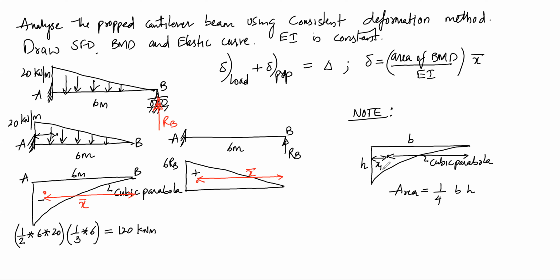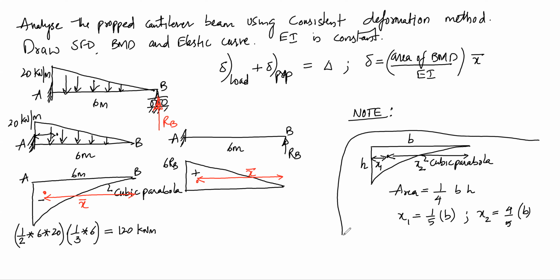I can take this as x1 and the other one as x2. So here the shorter centroidal distance x1 is given as 1/5 of base, and the longer centroidal distance is given as 4/5 of the base. So this formula has to be remembered whenever we are dealing with triangular loads.